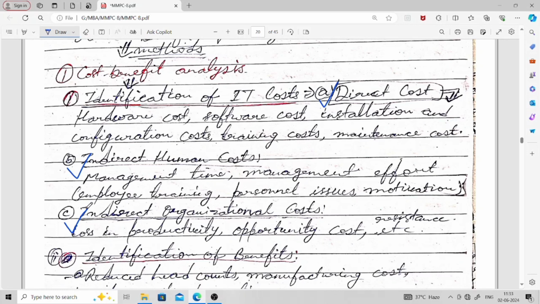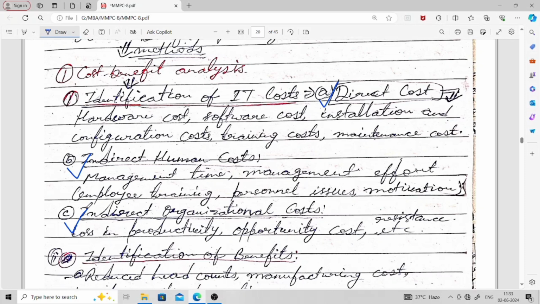So whatever time could be used for productivity is now being diverted towards learning a new information system. It may be possible that in the future you can get more benefits, but in the short run it may cause loss in productivity.